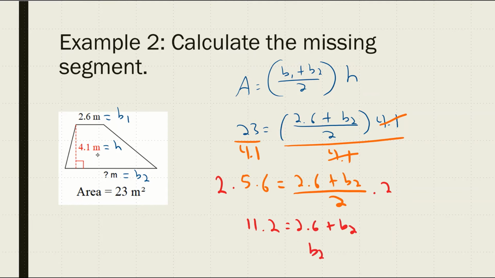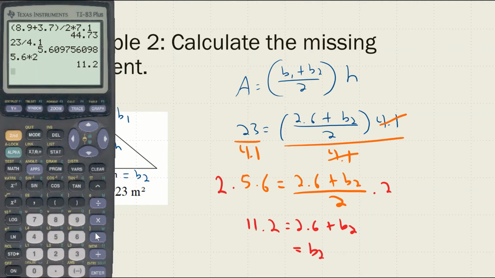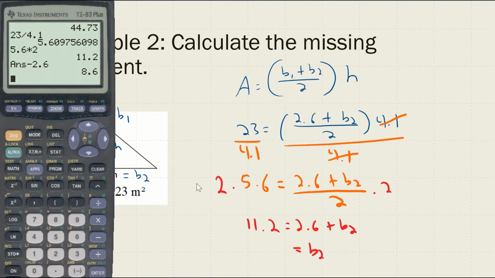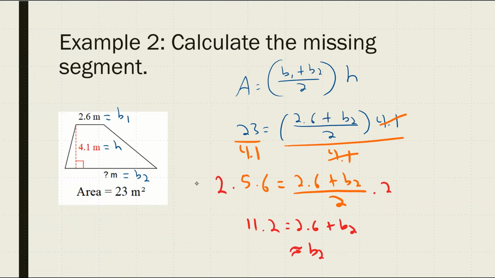And then we're going to solve for B2 by subtracting 11.2 minus 2.6, which gives us about 8.6. So B2 is approximately equal to 8.6. So that's your solution. And I say approximately because this 5.6 is rounded, but it's still really close to the perfect right answer.